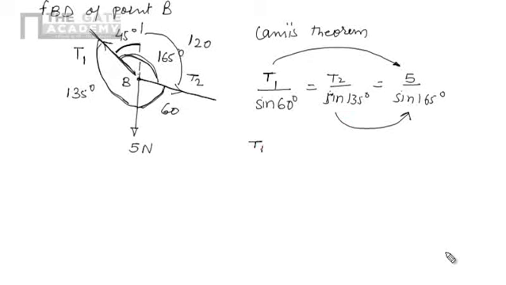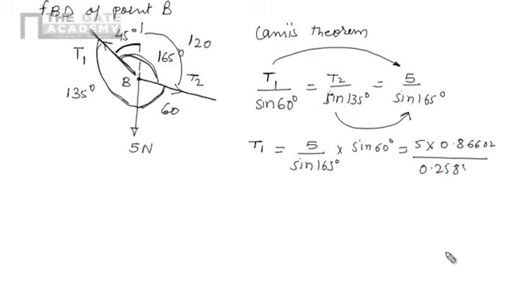So T1 equals 5 by sine 165 degree into sine 60 degree. 5 sine 60 is 0.86602 divided by sine 165, 0.2588. So T1 will come around 16.73.